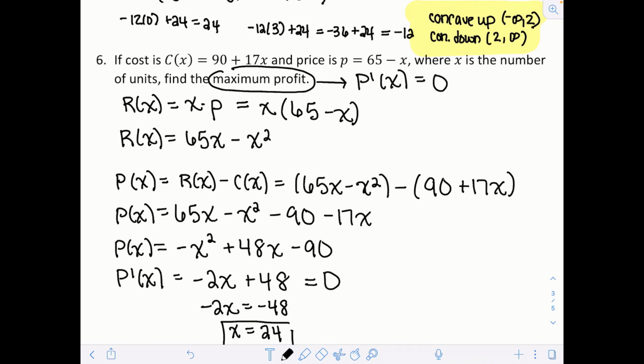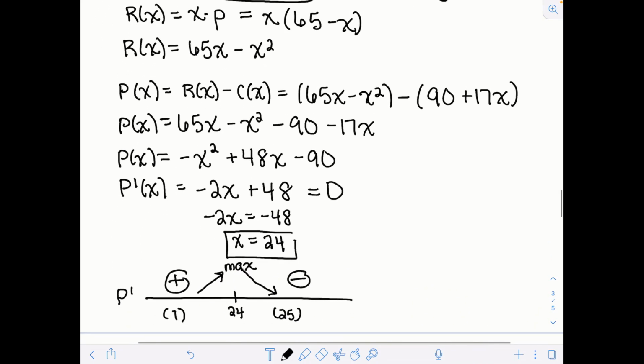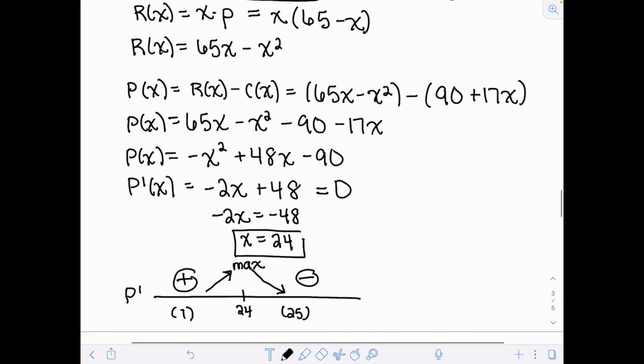So we want to actually find the maximum profit. We take this x value that we found, and go back to the original profit function and plug it in to find what the profit is from selling 24 units.